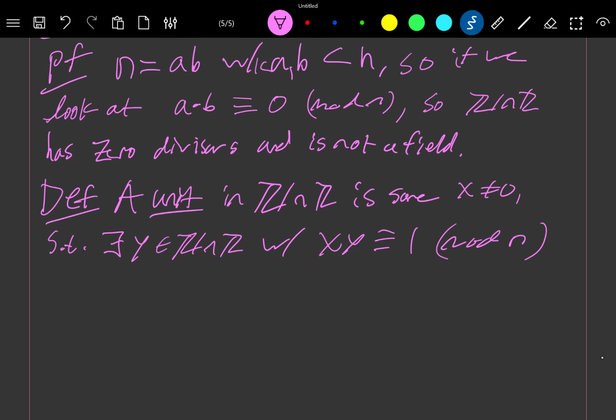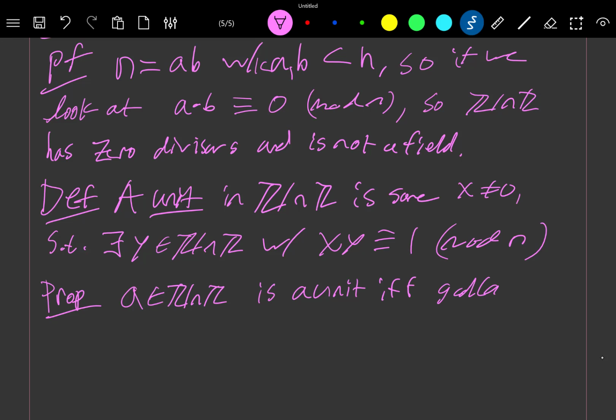So here is the proposition that classifies the units. An element a in Z mod nZ is a unit if and only if the GCD of a and n is equal to 1.